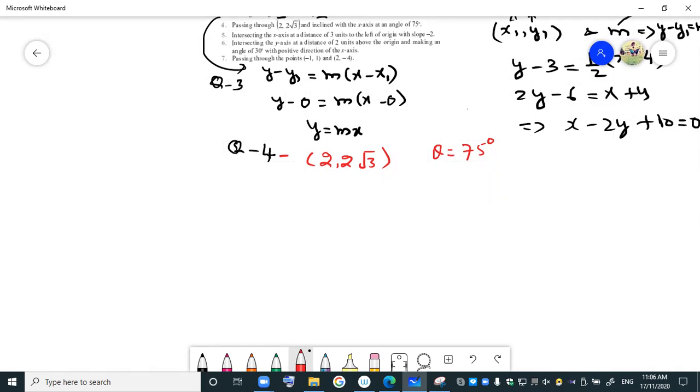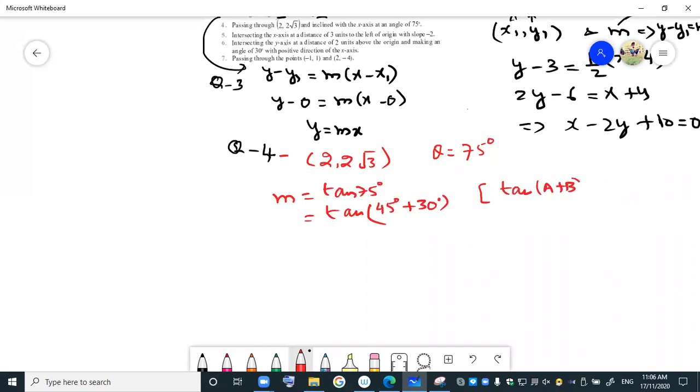So first find the gradient of this line. m is equal to tan 75 degrees. We can find tan 75 degrees by splitting it into 45 and 30 degrees. 45 degrees plus 30 degrees is equal to 75 degrees.